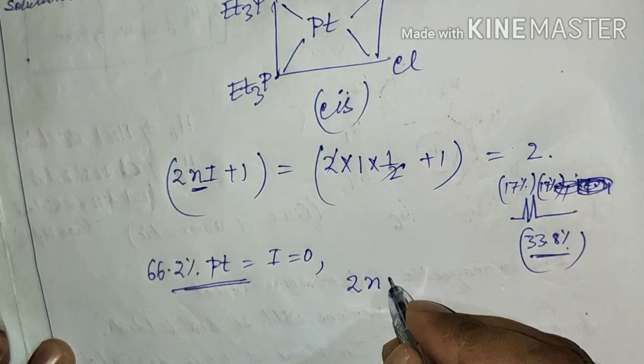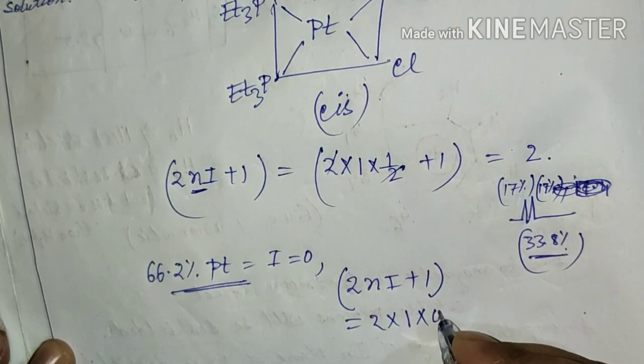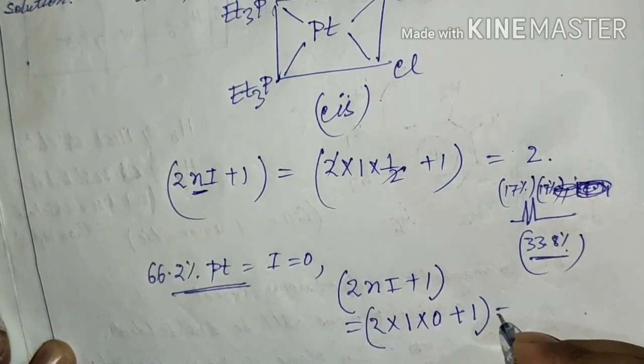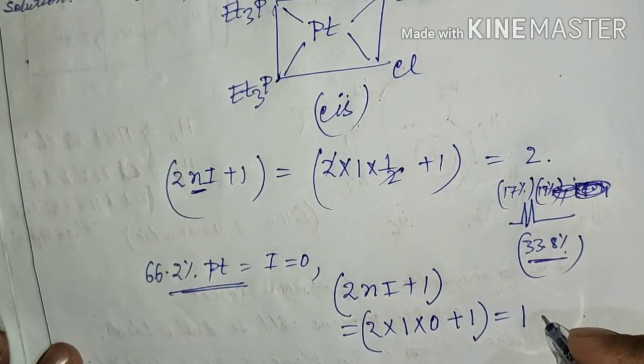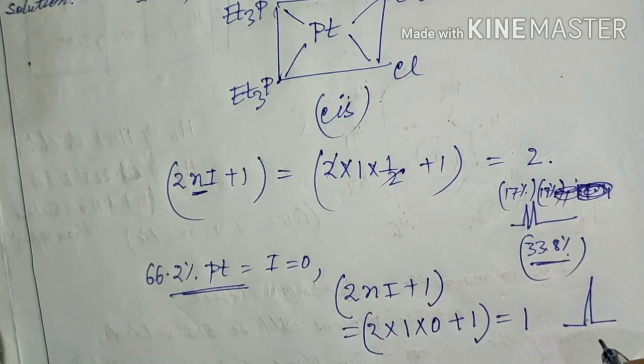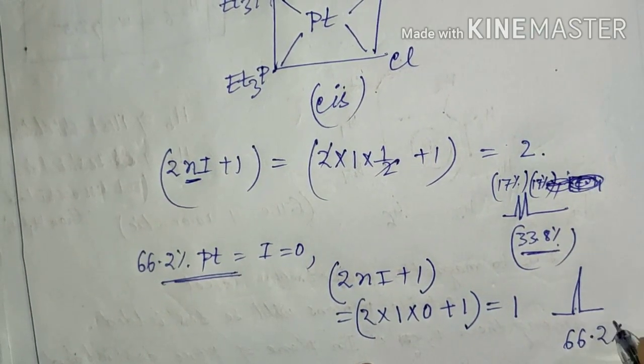in 31P NMR, N is equal to 1, I for the remaining platinum nucleus is equal to 0, that means it is a singlet, and there will be a singlet peak with an intensity of 66.2%.